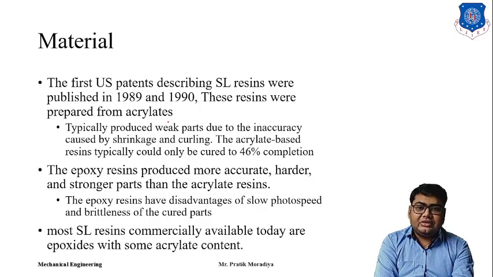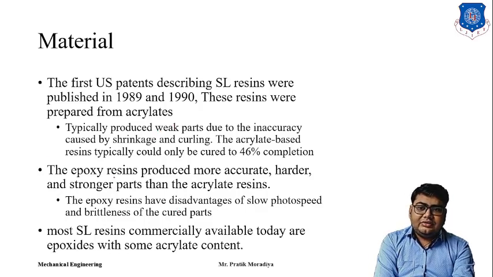What limitations are there? They produce weak parts, and typically we can only cure 46% of acrylates. What this means is, if you have a part, then 46% of that part will be solidified, and the other part will not be properly solidified. So it will obviously produce very weak parts.